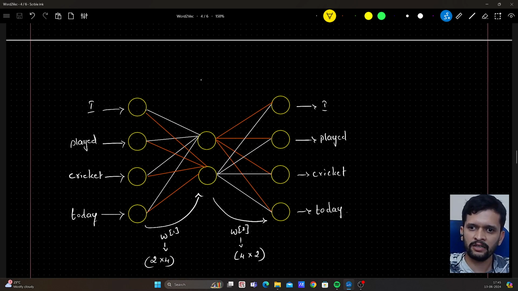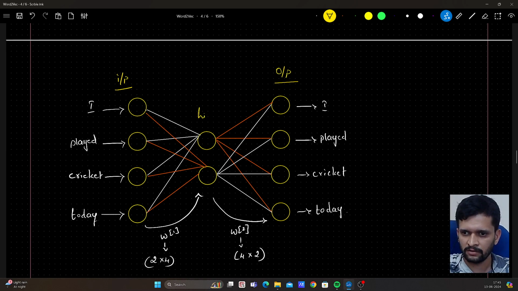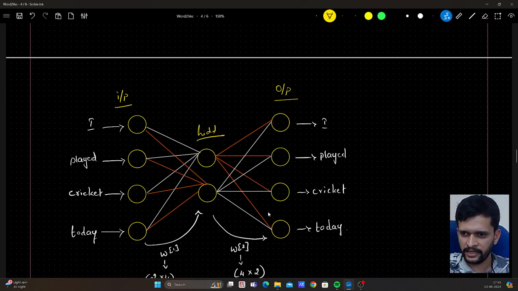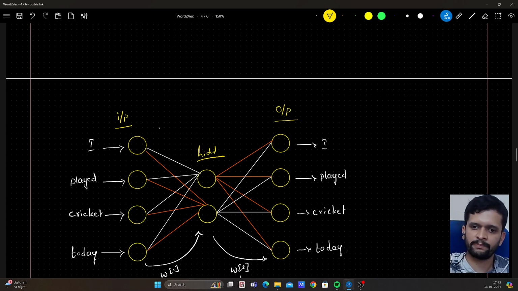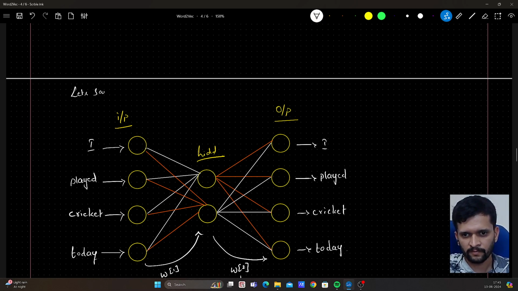So we have our input layer here, correct? This is our input and this is our output. This is our hidden layer, okay? For simplicity's sake, let's say we want to represent each word in a two-dimensional vector space, right?